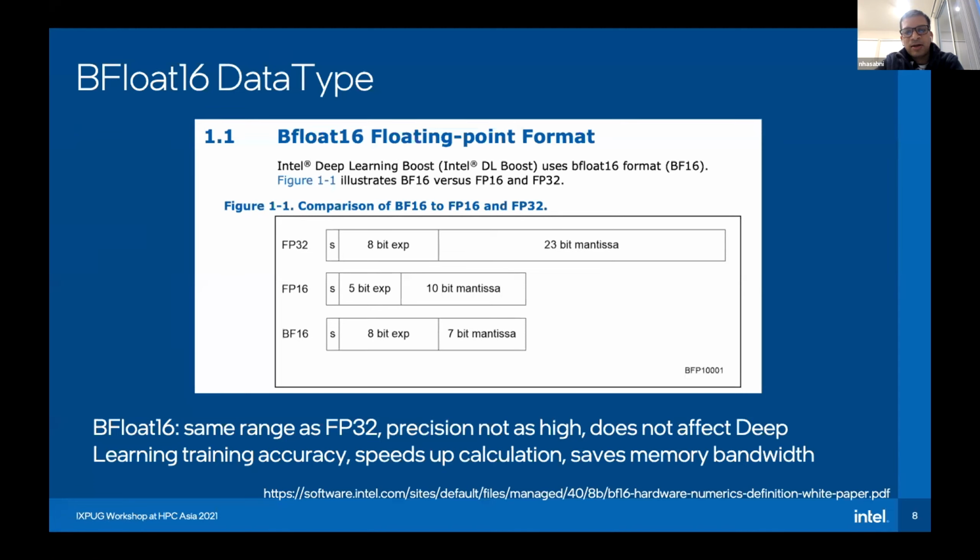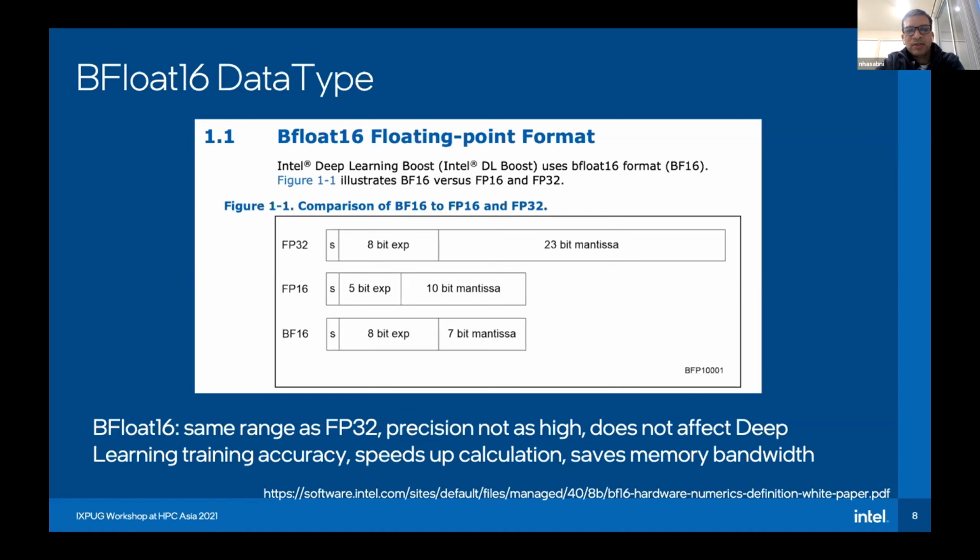I think it's an observation that is specific to deep learning workloads, and I'm not sure at this point whether that generalizes to HPC workloads in general. But FP16 was an intermediate step before BFloat16 was introduced. FP16 actually uses a different number of bits for exponent as well as mantissa, and that leads to issues in terms of model changes that are required to use the FP16 format for training or for inference.